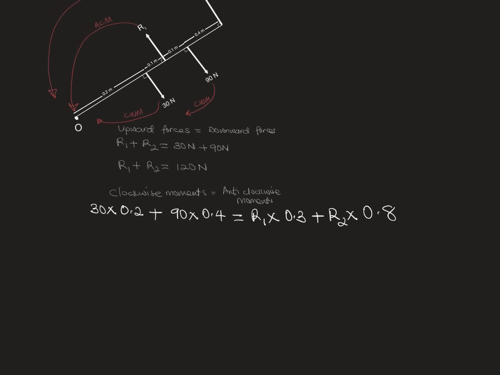So if we continue solving, 30 multiplied by 0.2 is 6, plus 90 multiplied by 0.4 gives 36. This is equal to R1 multiplied by 0.3, which is 0.3 R1, plus R2 multiplied by 0.8, which is 0.8 R2. 6 plus 36 is 42.